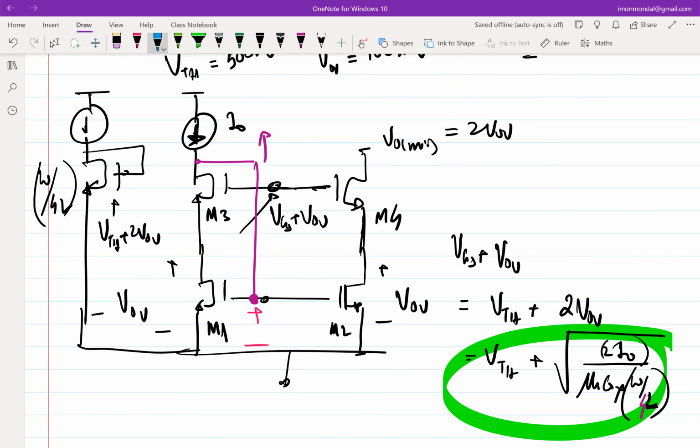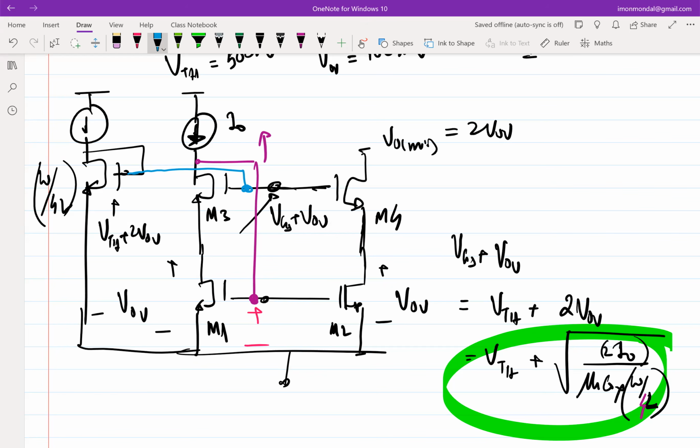And then you go ahead and do this. If you do this, what will be the minimum output voltage that you can sustain? 2 V overdrive, right? In the example that we took, it was 200 millivolt, not 600 or 700 millivolt. So that's why this is called a wide swing current mirror. Any questions?